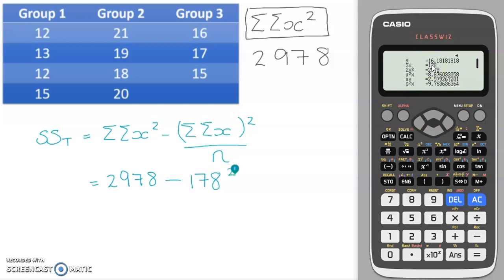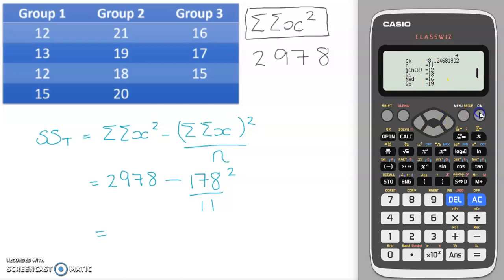squared over n. Now n's quite nice and easy, I can just add up how many numbers I've got, but in case I want to double check, I can again scroll down on my calculator and see here that n is 11. I can then put all of that into my calculator to get an answer.